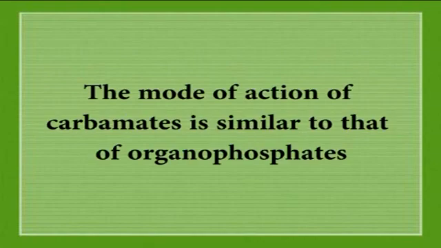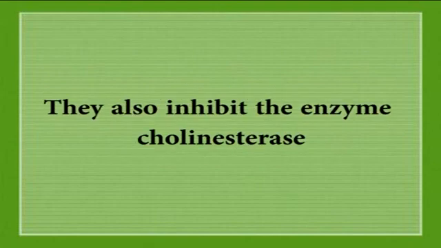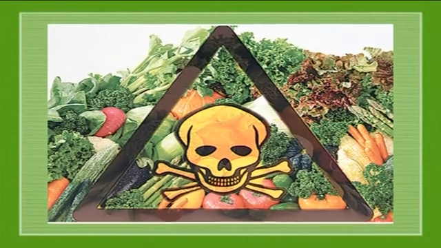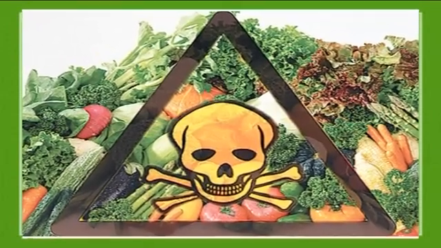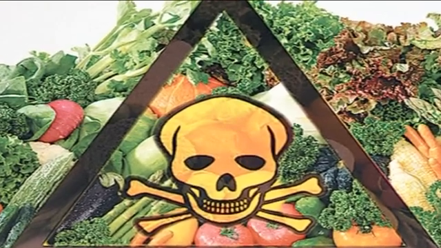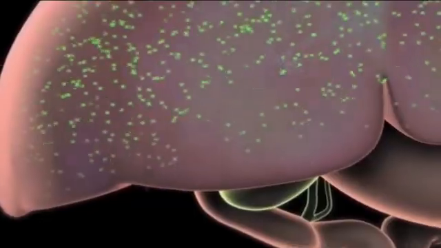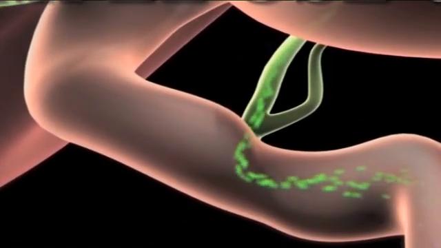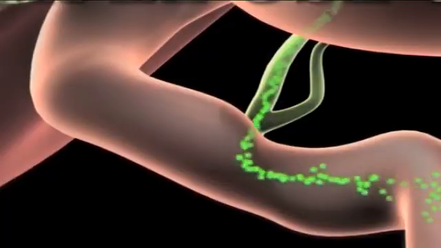Next is carbamate pesticides. The mode of action of carbamates is similar to that of organophosphates, and they also inhibit the enzyme cholinesterase. The signs and symptoms of carbamate poisoning are essentially the same as those caused by the organophosphates, but carbamates are broken down relatively rapidly in the human body.